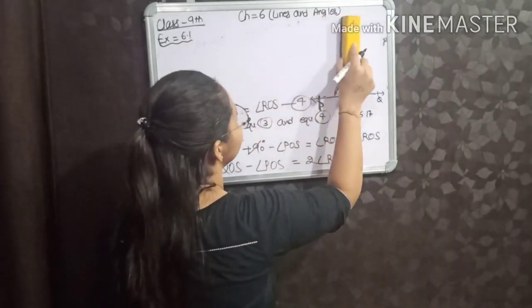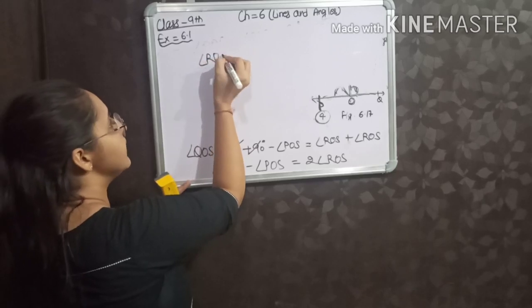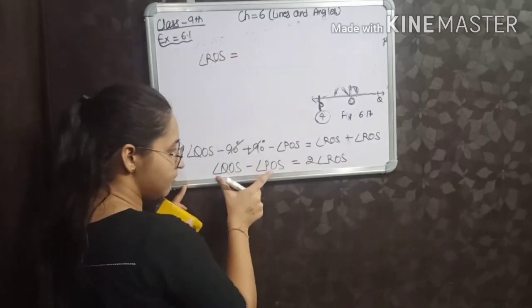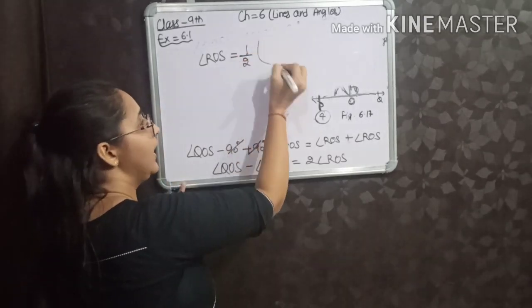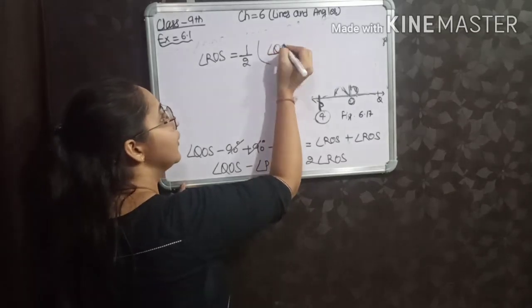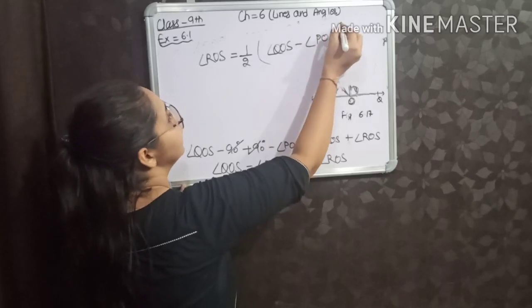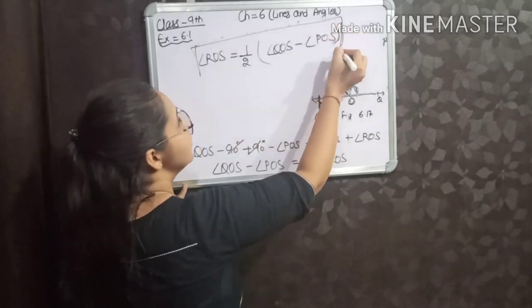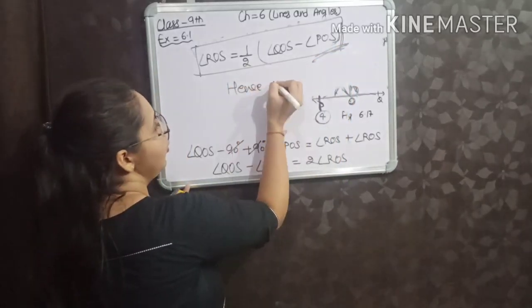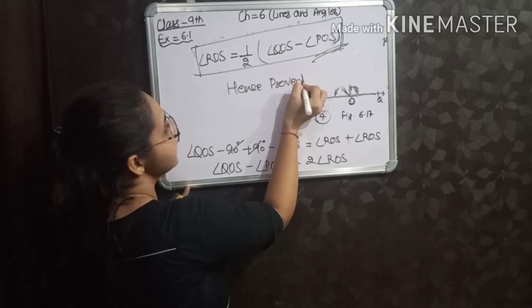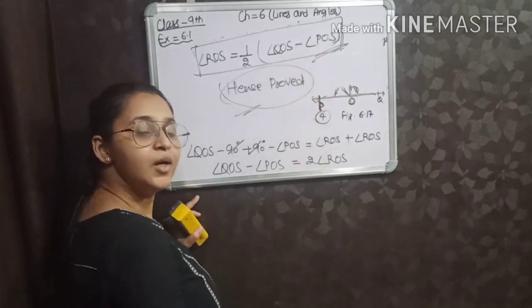Or simply we can write angle ROS is equal to, this 2 will come to this side with a division sign, so it will give you 1 by 2 of angle QOS minus angle POS. And this is what we had to prove. So we are at our solution. Hence proved: angle ROS is equal to 1 by 2 of angle QOS minus angle POS.